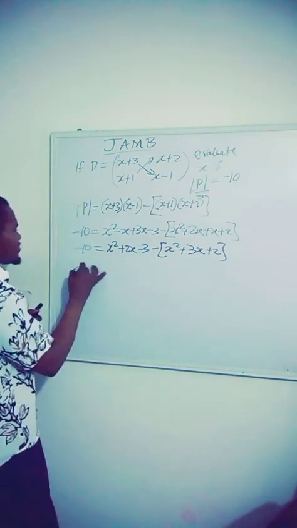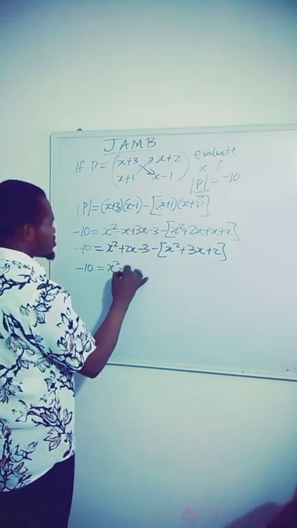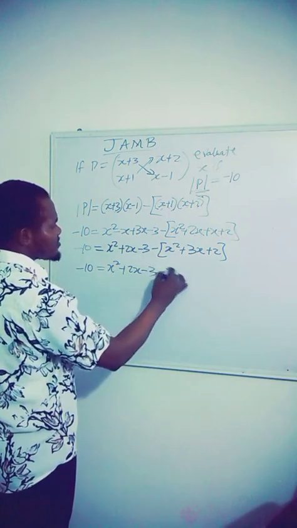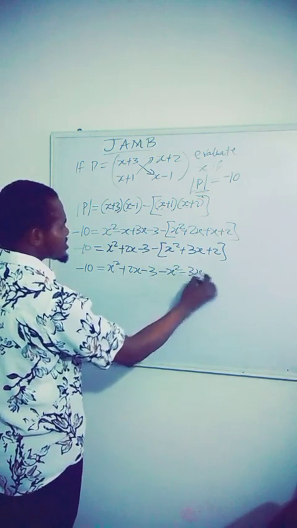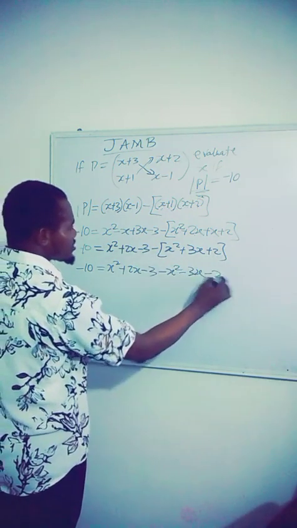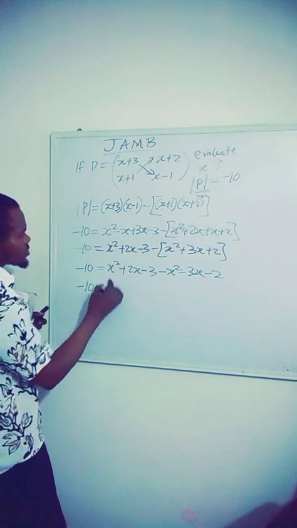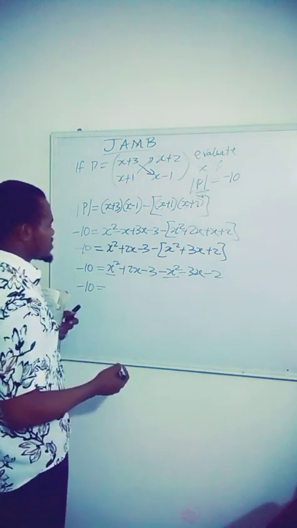Then we have minus 10 equals x squared plus 2x minus 3, minus x times x, minus x squared, minus 3 times 3, minus 3x, minus 2 times 2, minus 2. So you have minus 10 equals plus x squared, take away minus x squared.